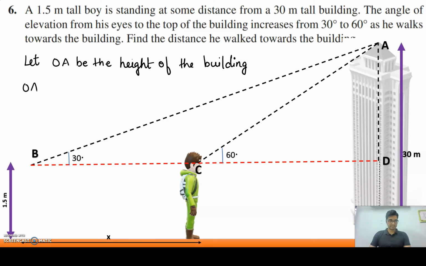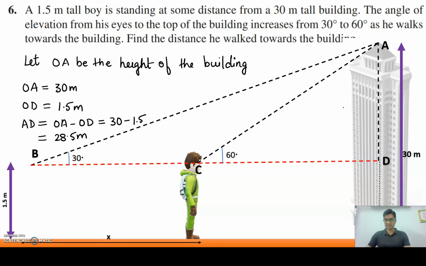OA is 30 meters. Then we have OD. OD is nothing but the height of the boy, as you can see, so it is 1.5 meters. So we can easily calculate AD, that is OA minus OD, that is 30 minus 1.5. So that comes out to be 28.5 meters. Okay, so we have calculated this and this came out to be 28.5 meters.